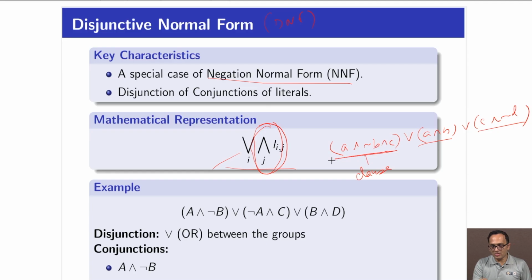This is a conjunction of literals, and those are called clauses, and these clauses are connected by disjunction. So, this is clause 1, this is clause 2, this is clause 3, and they are connected by the disjunction operator. So, understood. We also have one example here. This is a conjunction of literals, another conjunction of literals, and another, and they are connected by disjunction, so or between the groups.